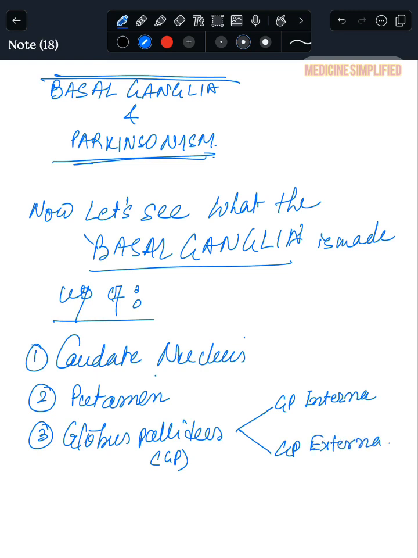Number 4 is substantia nigra, and number 5 is subthalamic nucleus.